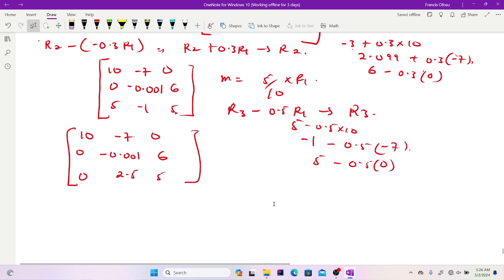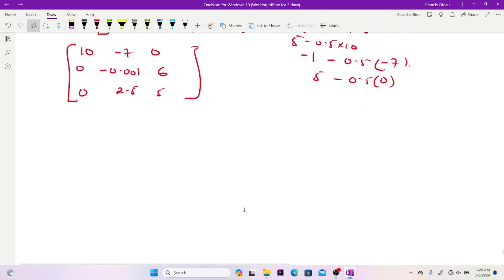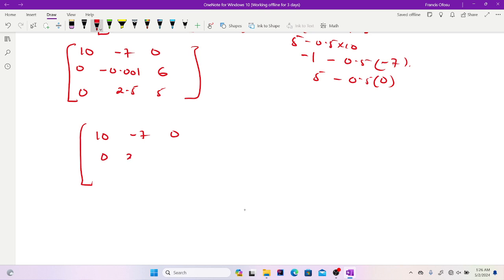Okay, so we are going to get this: 10, negative 7, 0; 0, 2.5, 5; then here becomes 0, negative 0.001, 6. So we have done a row operation, which is row 2 switching with row 3.